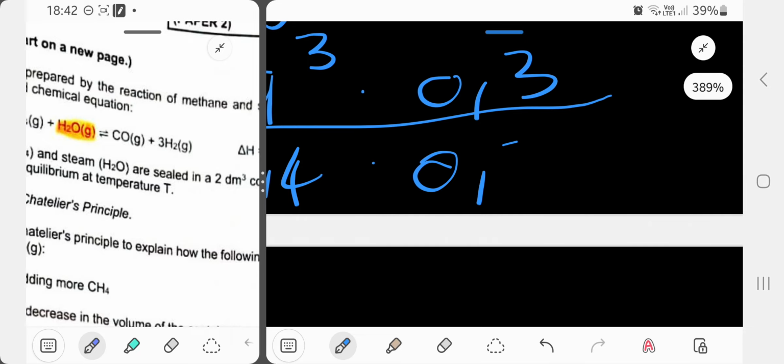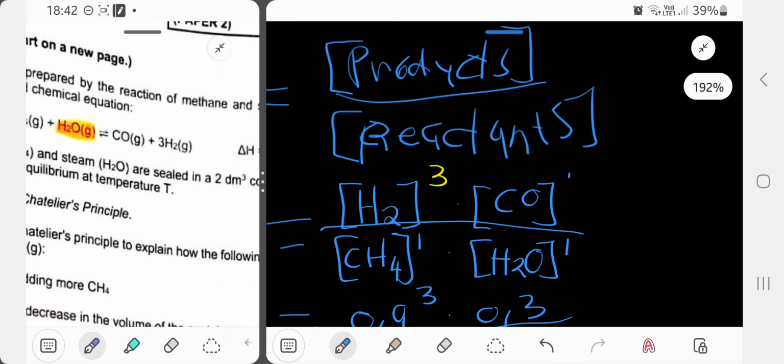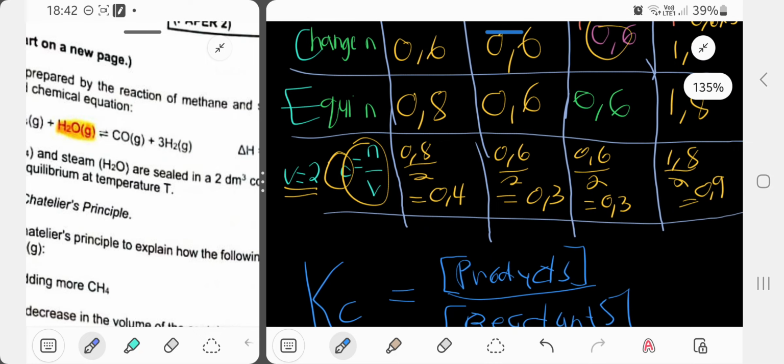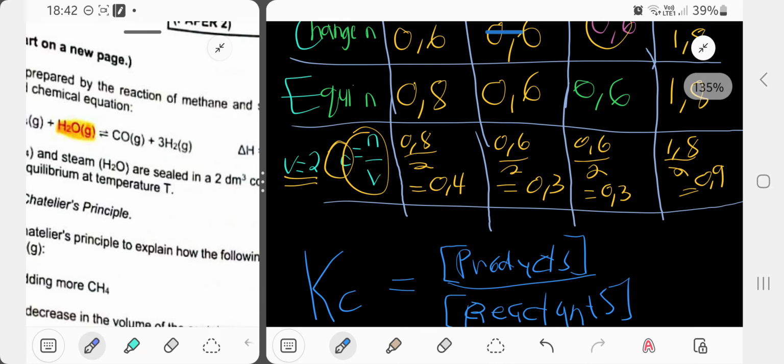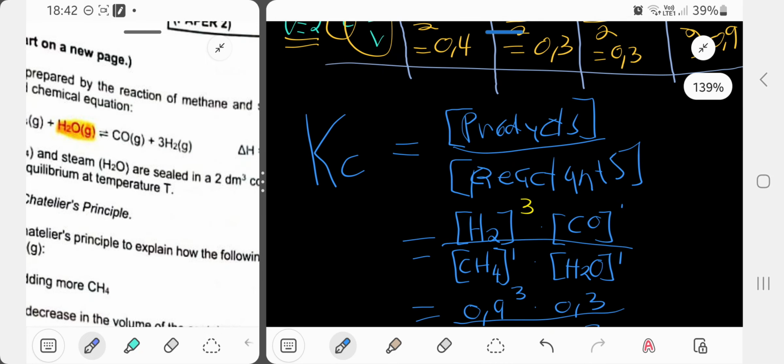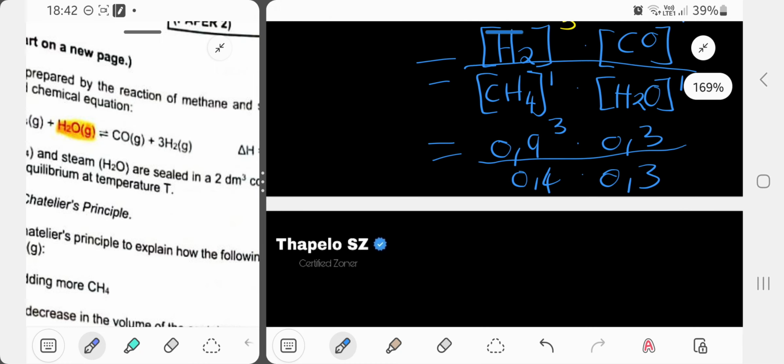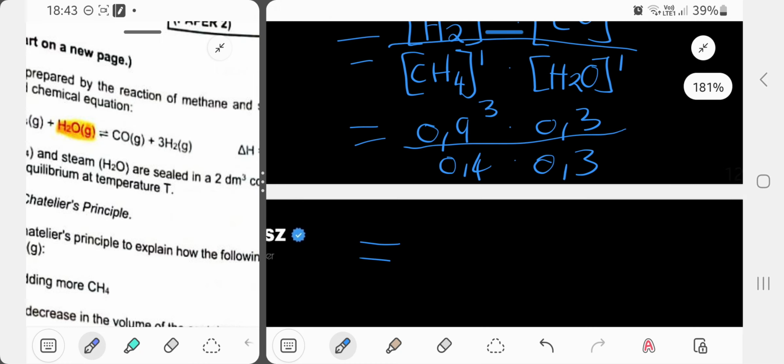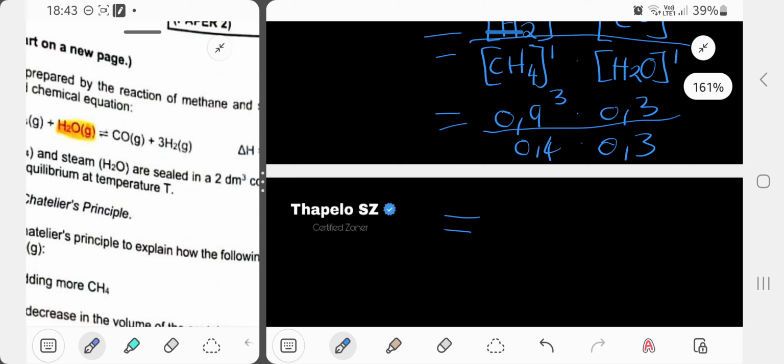And this is multiplied by 0.3, which is the concentration of water or H2O gas, which is also 0.3 there. So now we just punch this on our calculator and then we will get our answer for Kc. So I'll just do it in a second, let me get my calculator. And then what I get on my calculator is 2.03 rounded off to 2 decimal places.